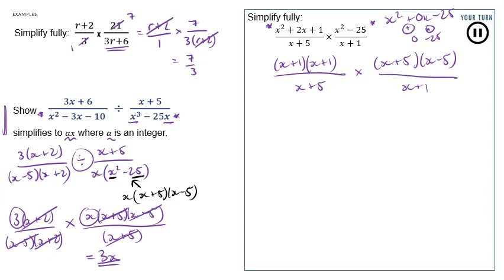We've got x plus 1 on the base there. So looking to cancel down, we're left with x plus 1 all multiplied by x minus 5. And unless we're asked to expand it in the question, absolutely fine to leave it like that.